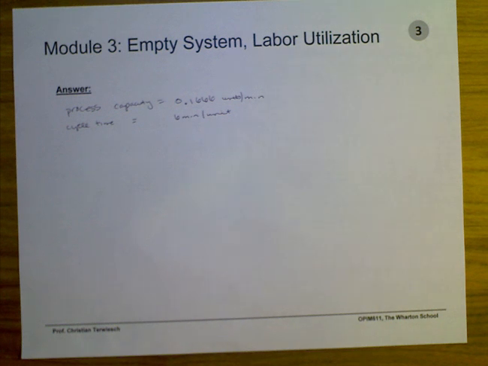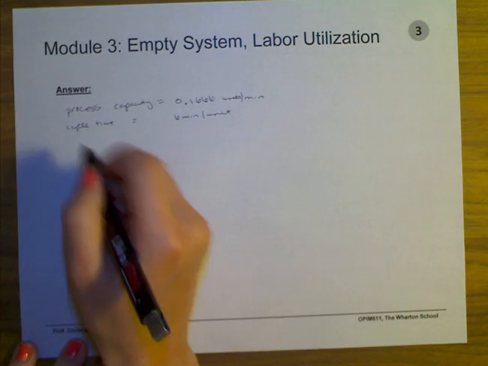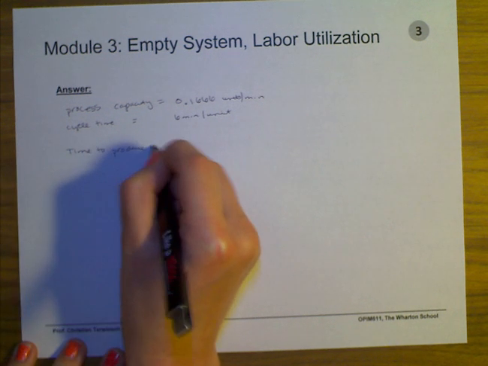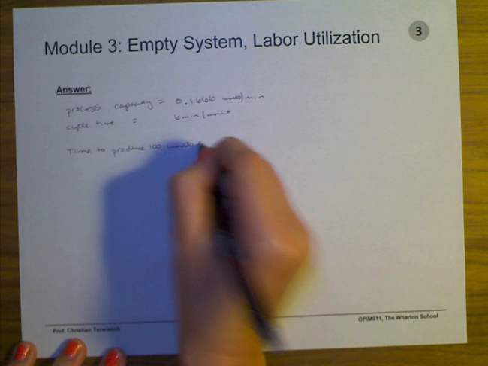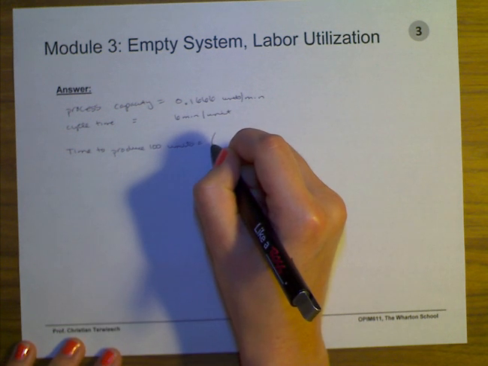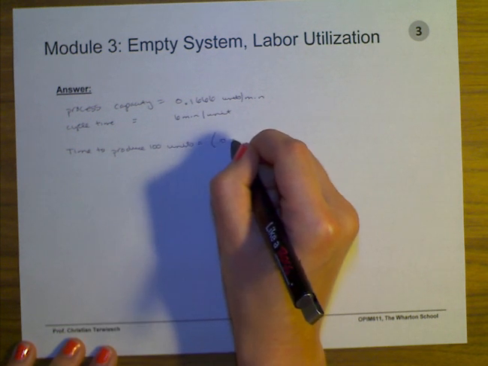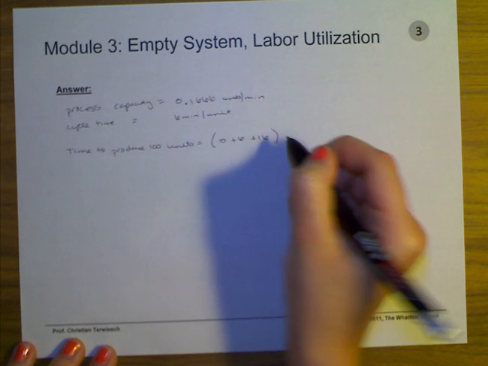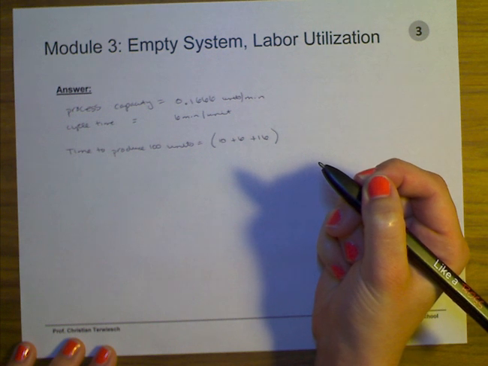So the first question asks us to compute how long it will take for 100 units to get through the empty system. And for the first unit, that's going to take the entire processing time for a complete unit. So for that first unit, it's going to take 10 minutes to go through resource 1, 6 minutes through resource 2, and 16 minutes through resource 3.